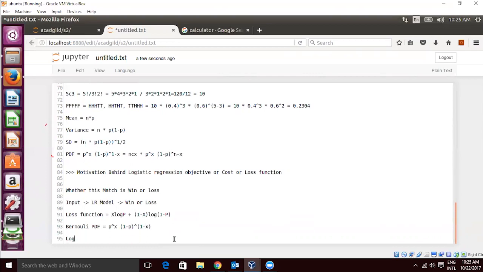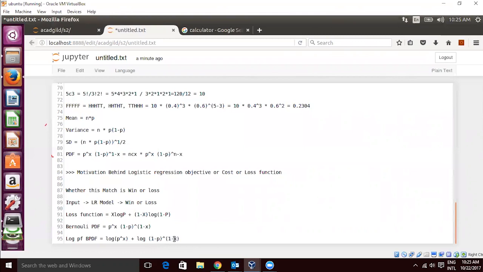Log of the Bernoulli PDF, so log of p to the power of x plus log of 1 minus p to the power of 1 minus x.